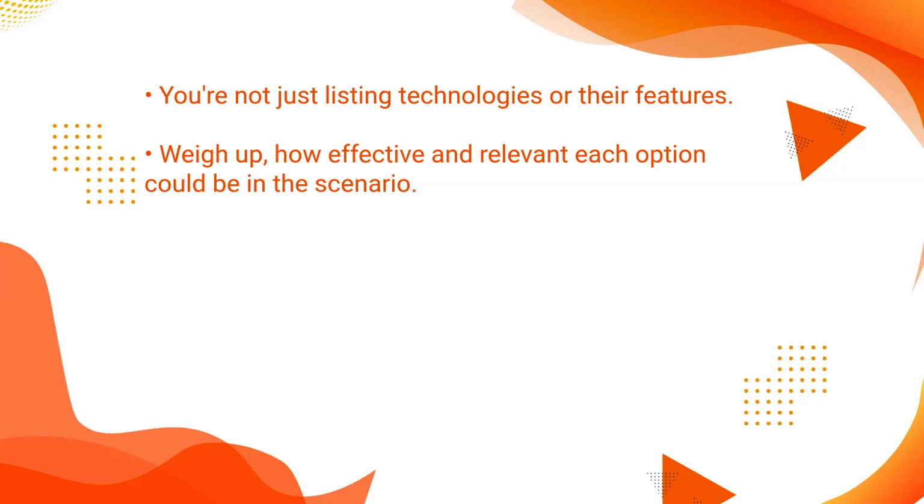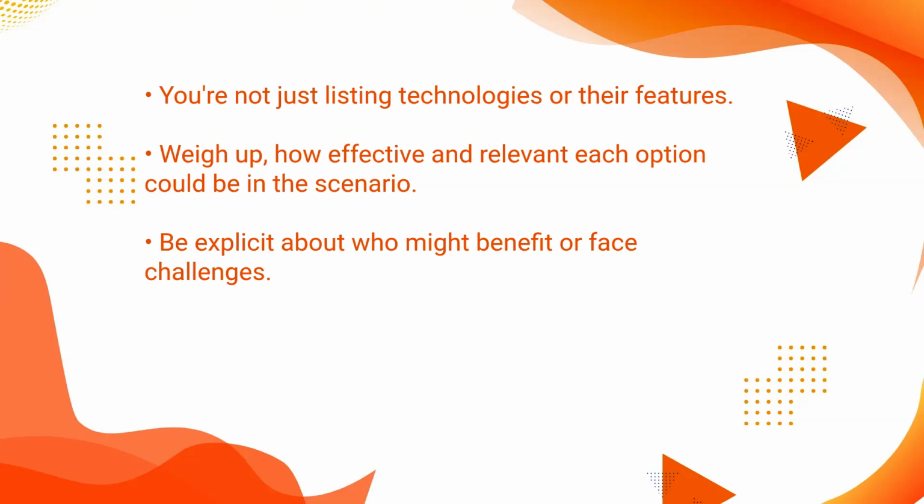And don't forget to look at both the positives and the negatives. Be explicit about who might benefit or face challenges. For example, will permanent staff and agency workers be affected differently? Always give reasons for your judgments. Why would this specific technology be particularly helpful or possibly a bad fit for the organisation in the case study?